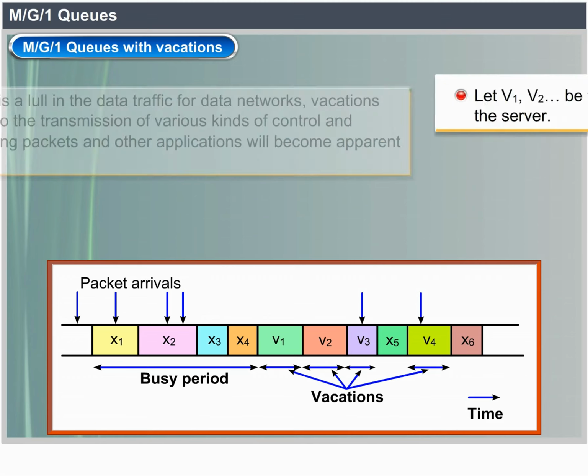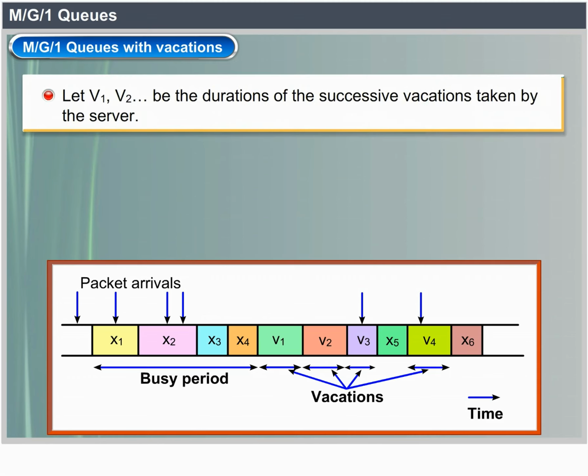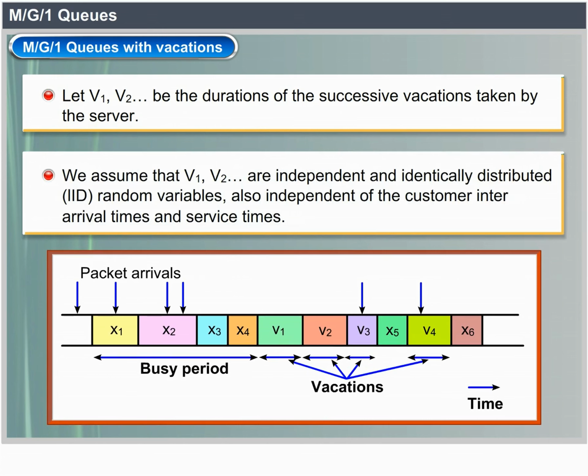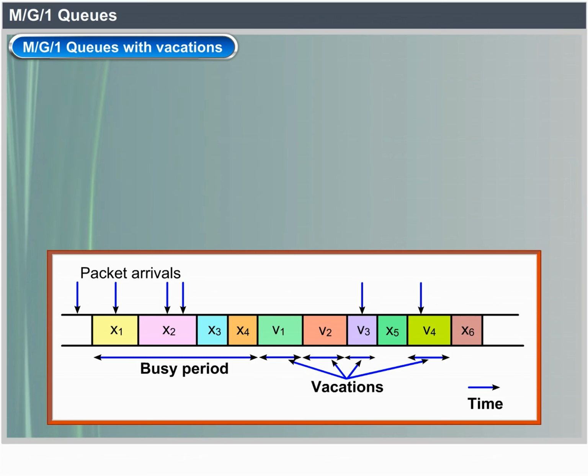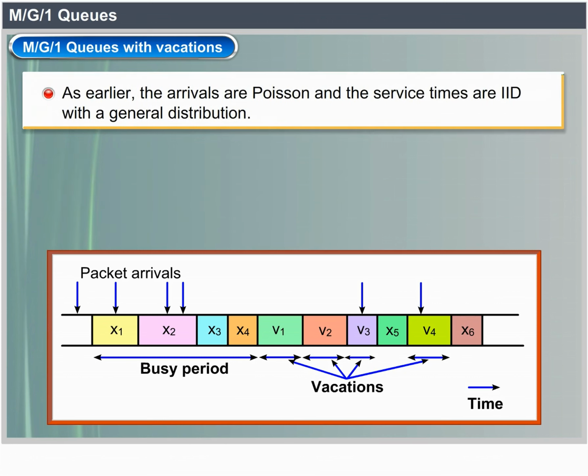Let V1, V2, and so on be the durations of the successive vacations taken by the server. We assume that V1, V2, and so on are independent and identically distributed (IID) random variables, also independent of the customer inter-arrival times and service times. As before, the arrivals are Poisson and the service times are IID with a general distribution.